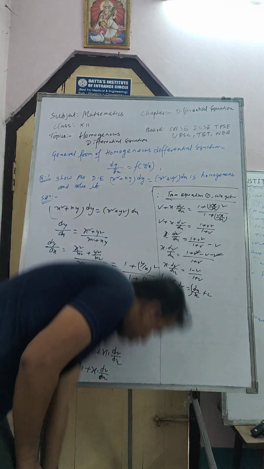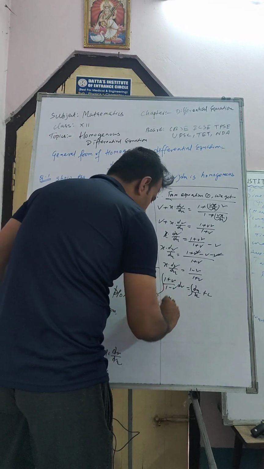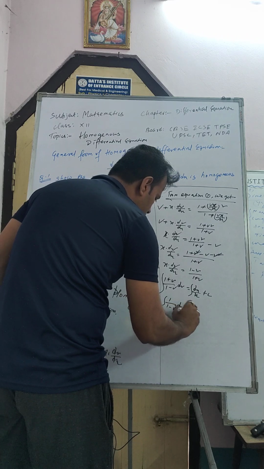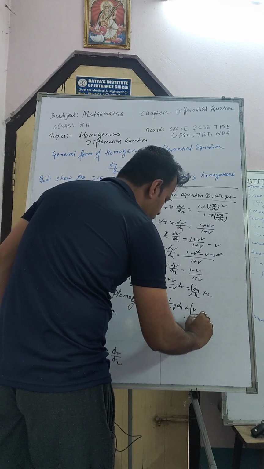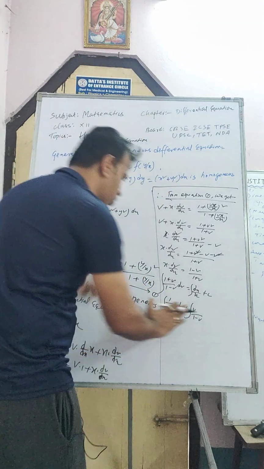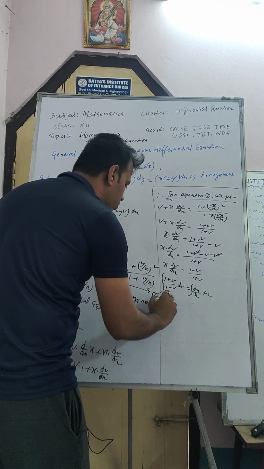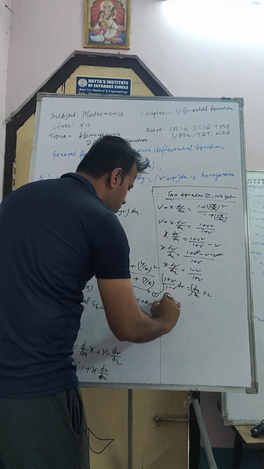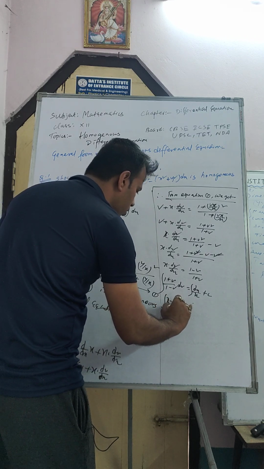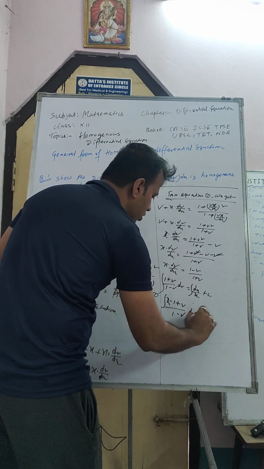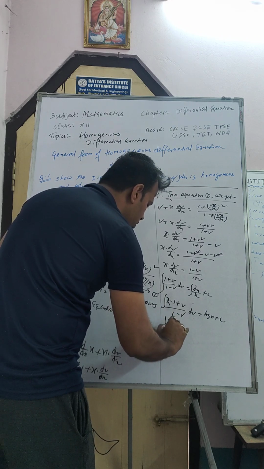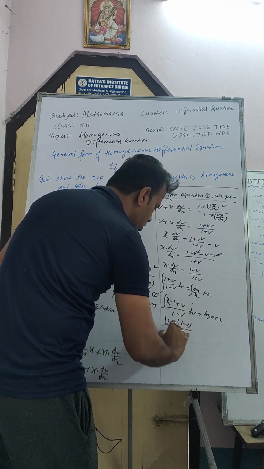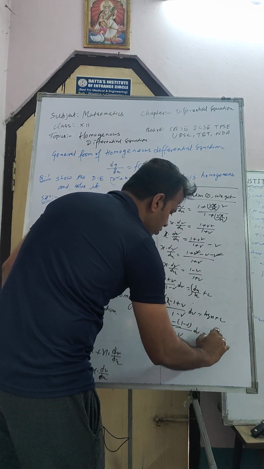So here, 1 plus v by 1 minus v dv. How can I do this one? If I write here 2 minus 1 plus v by 1 minus v dv equal to log x plus c, it will become integration of 2 by 1 minus v dv minus integration of dv equal to log x plus c.